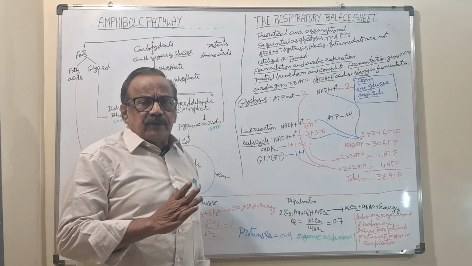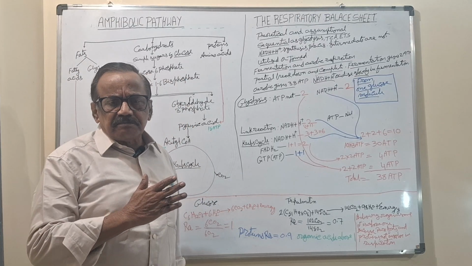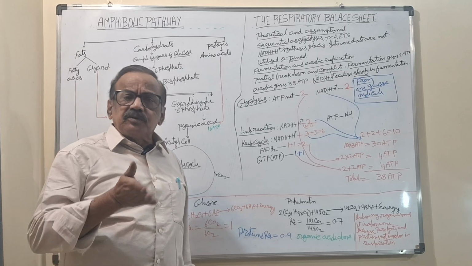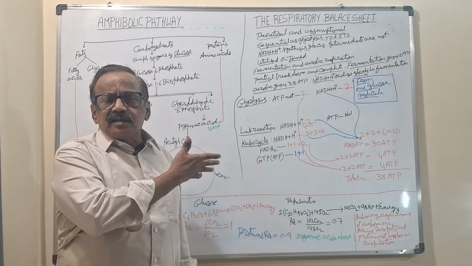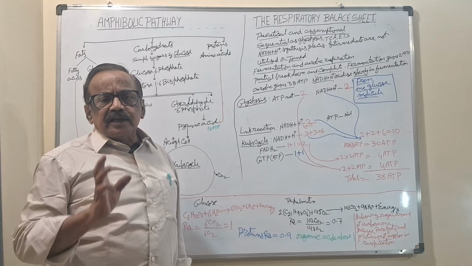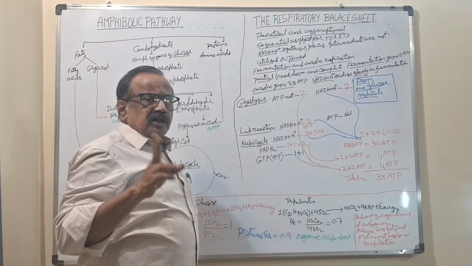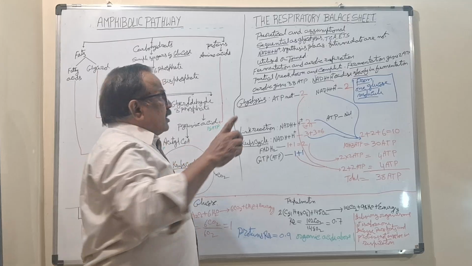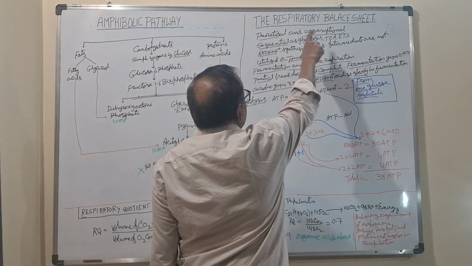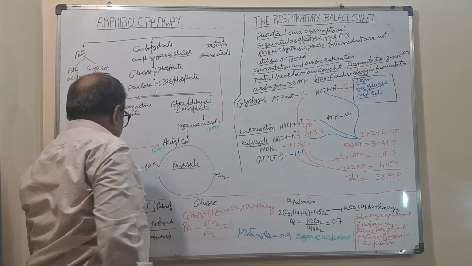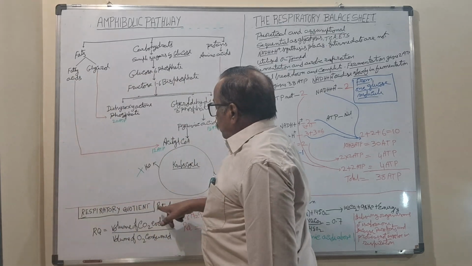Now in this video, the most important video, many questions are possible to arise from this video in the NEET. How? Now you see, in this video I am going to discuss mainly three subheadings: the respiratory balance sheet, the amphibolic pathway, and the respiratory coefficient.